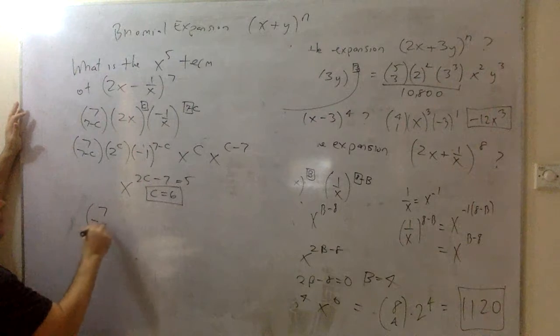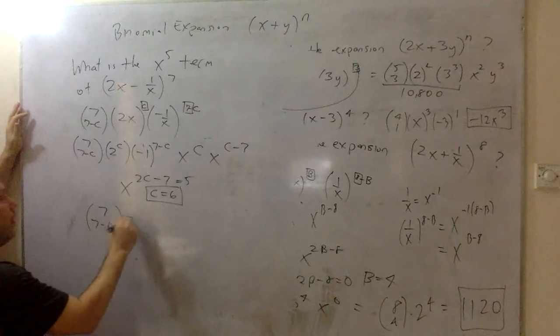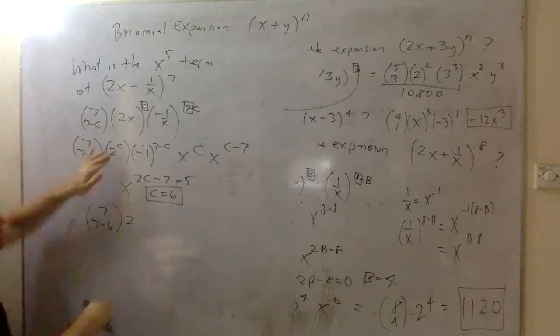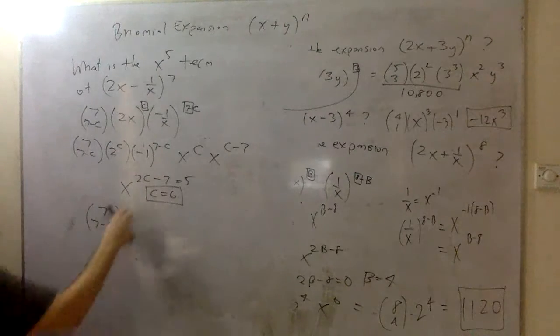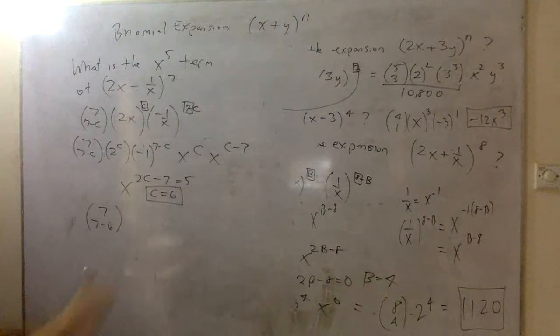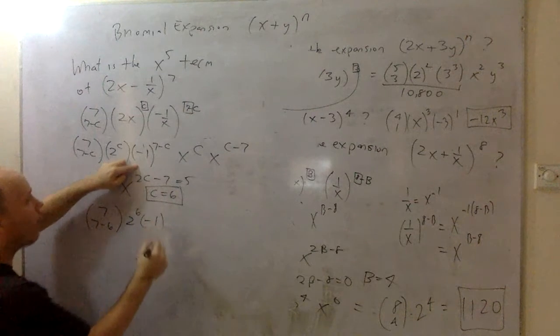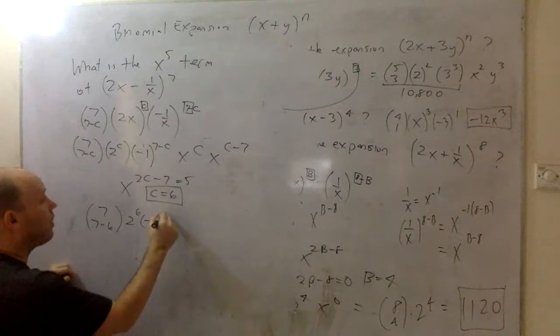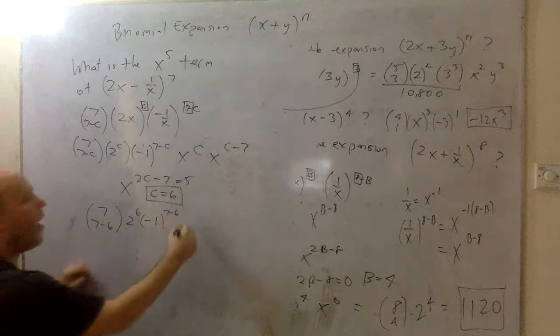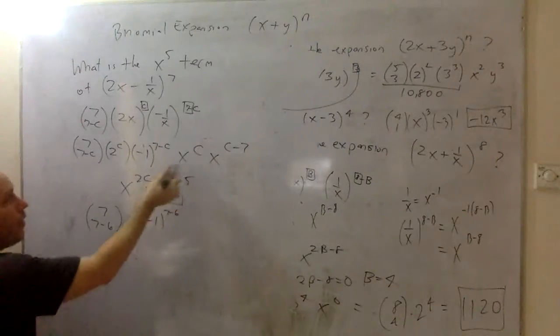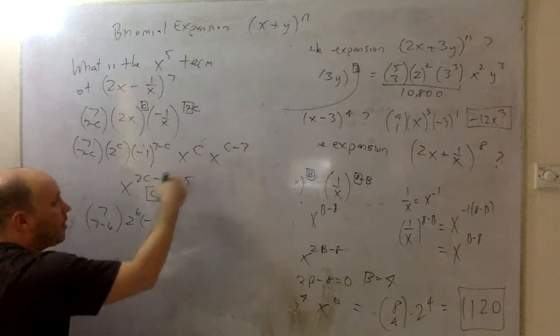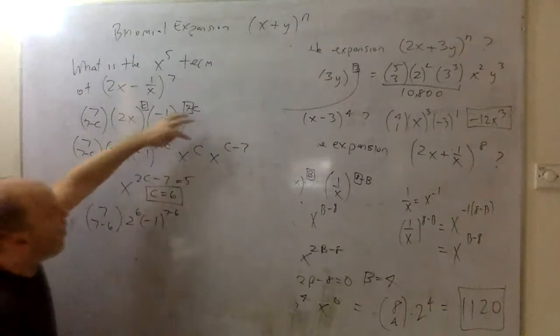It's 7 choose 7 minus 6. I have 2 to the 6th, negative 1 raised to the 7 minus 6. And we already know what this is. We know this is going to get me x to the 5th, right?